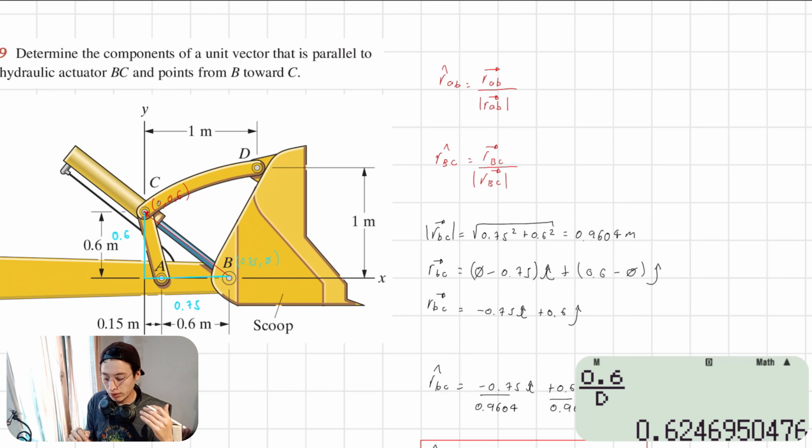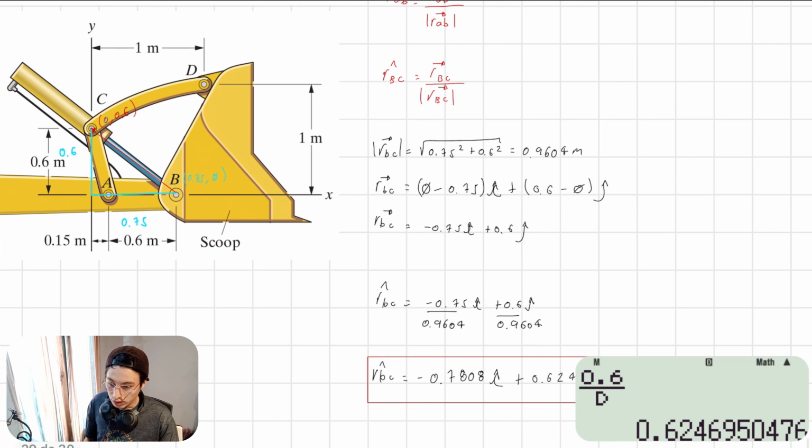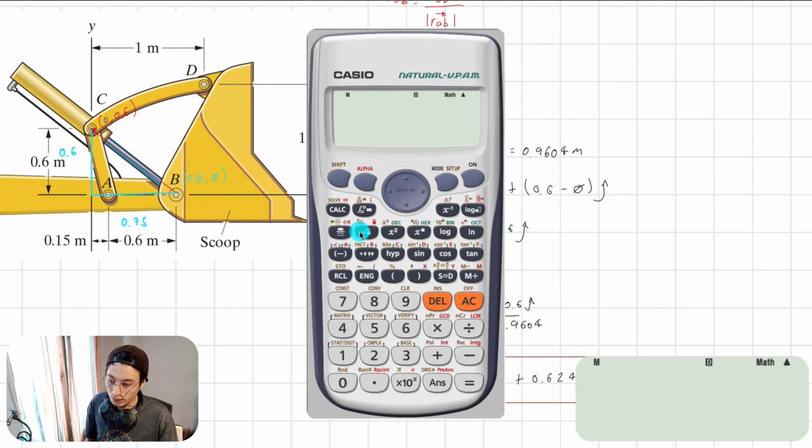Now, when we're talking about a unit vector, as the name suggests, a unit vector is a vector whose magnitude is equal to 1. Alright, so the magnitude of the vector that we just calculated has to be equal to 1. If it's not, there is a mistake somewhere.